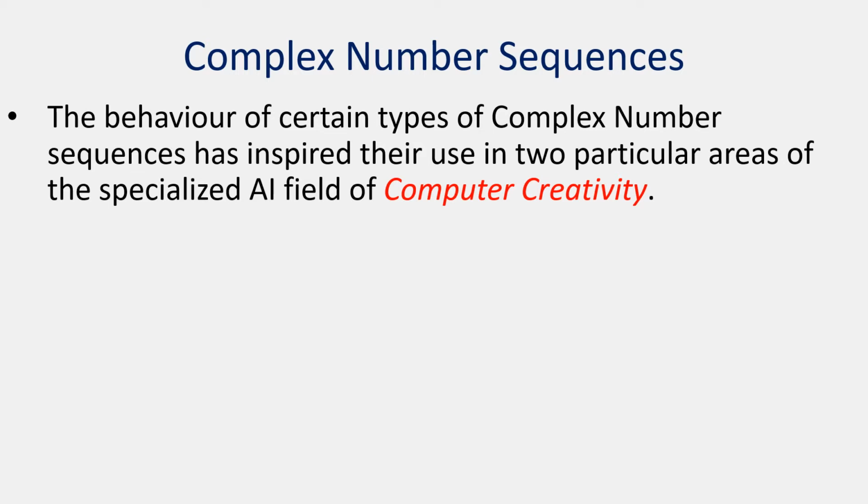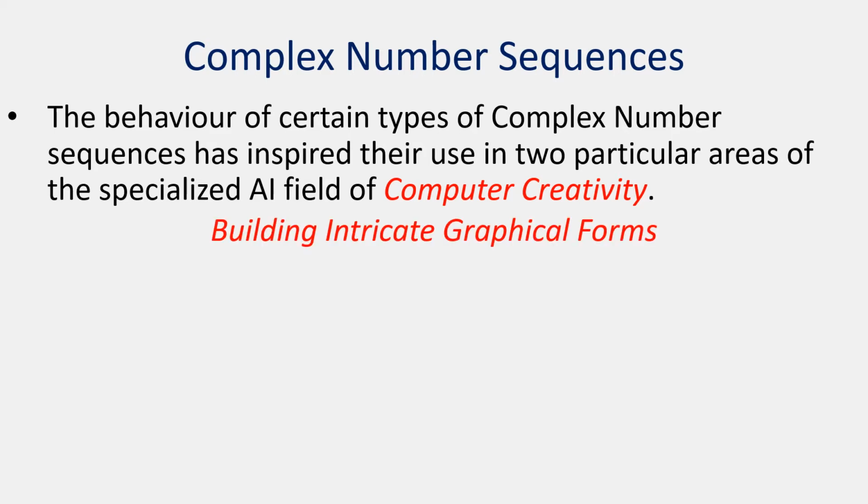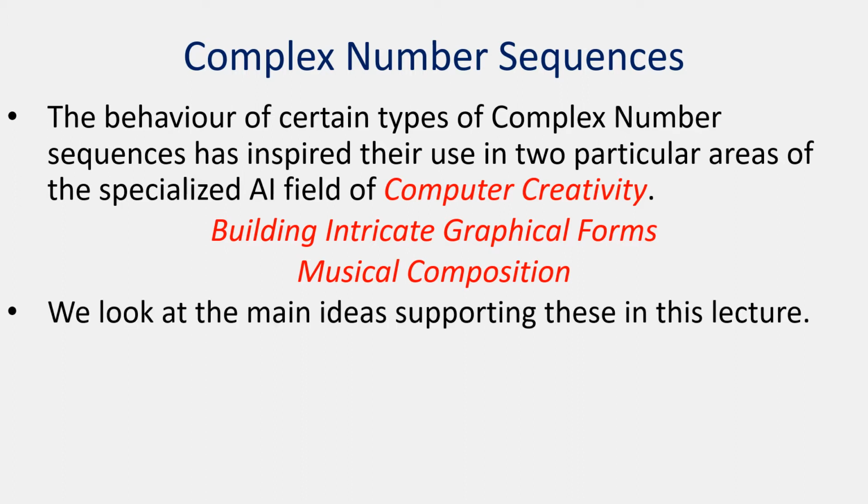So the behavior of certain types of complex number sequence has led to these being exploited in a specialist area of artificial intelligence called computer creativity. So the two main areas: building intricate graphical images, composing musical scores.